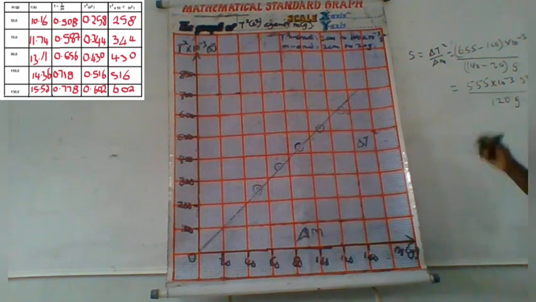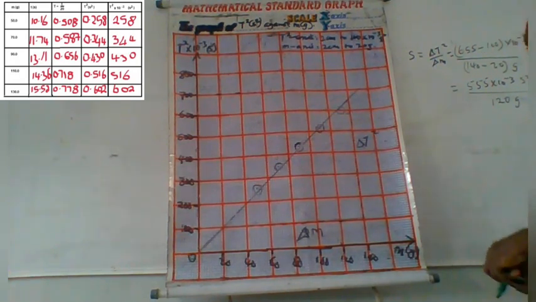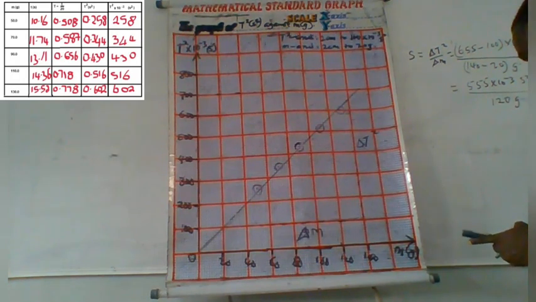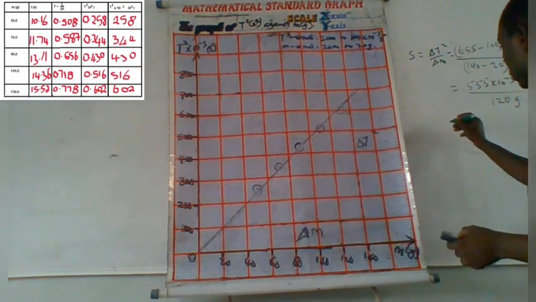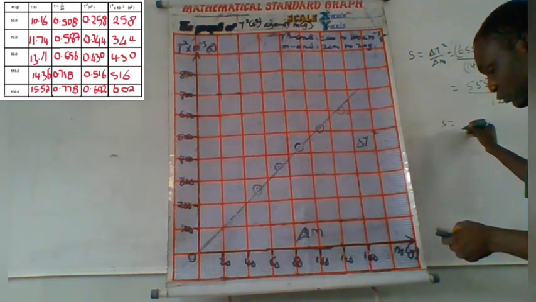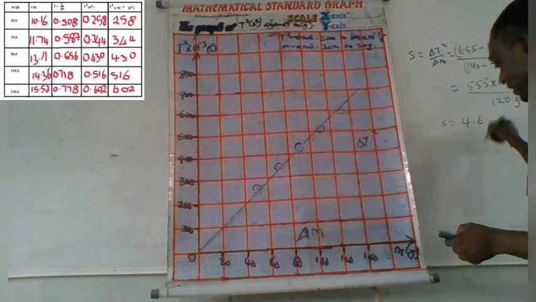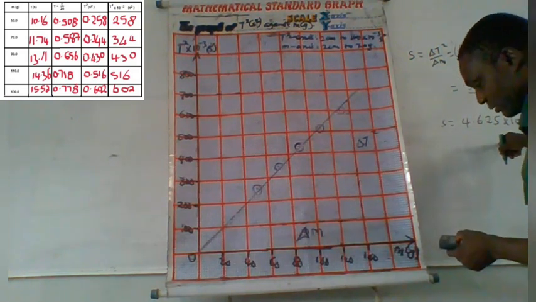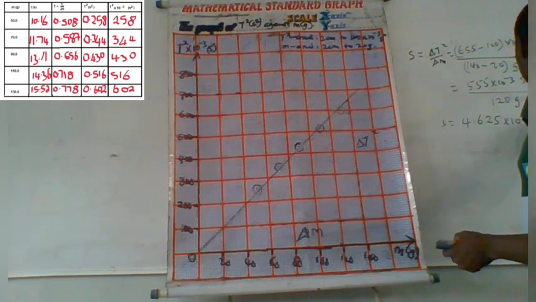So let me press this out from my calculator. 555 exponential minus 3, that's raised to the power minus 3, divided by 120. So that gave me my slope s equal to 4.625 times 10 raised to the power minus 3 seconds squared per gram.